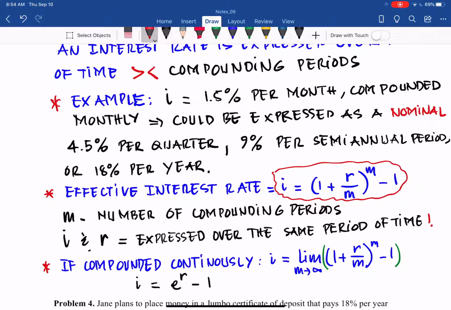We cannot plug infinity for M into the calculator or that equation.